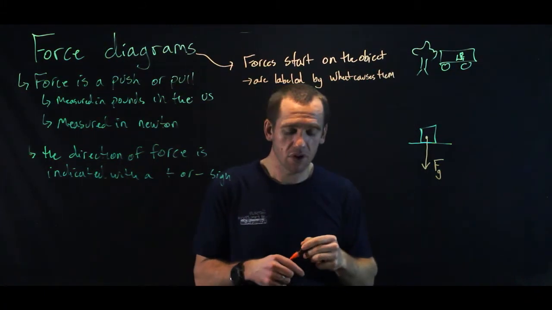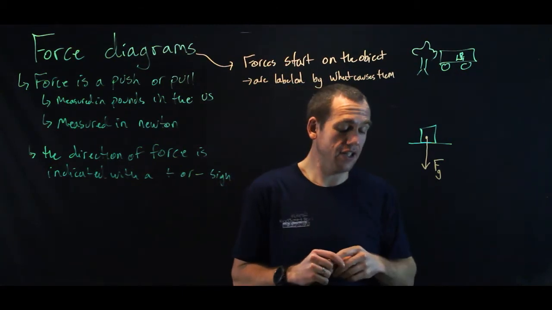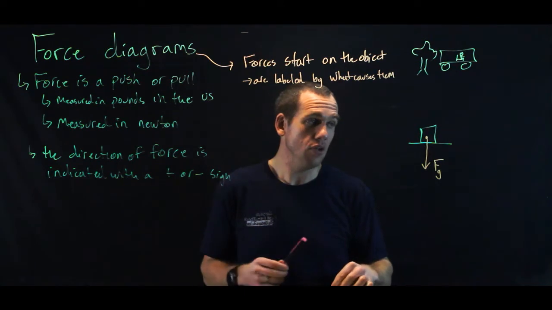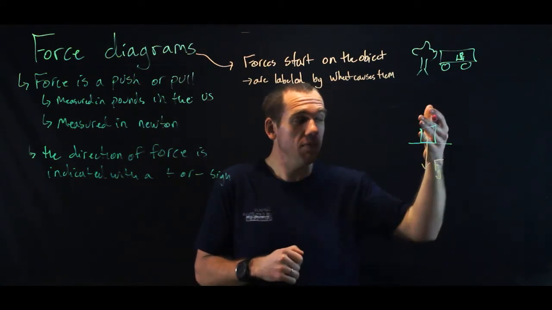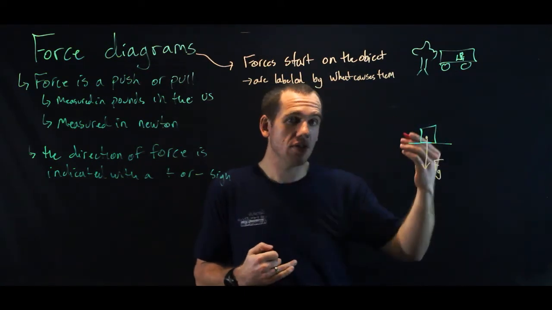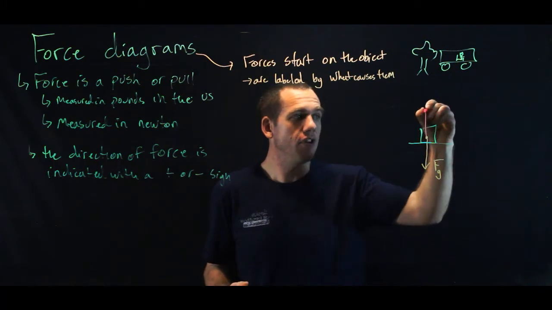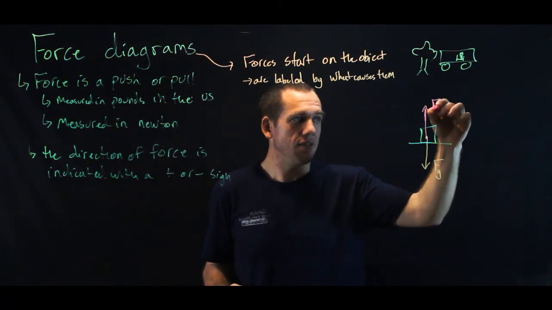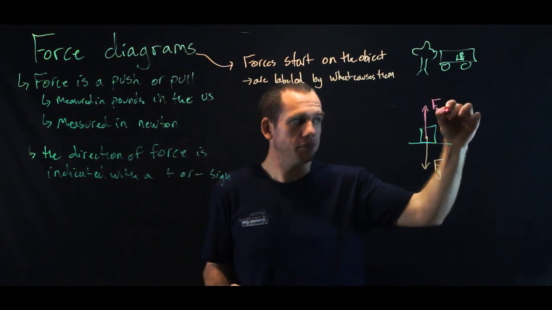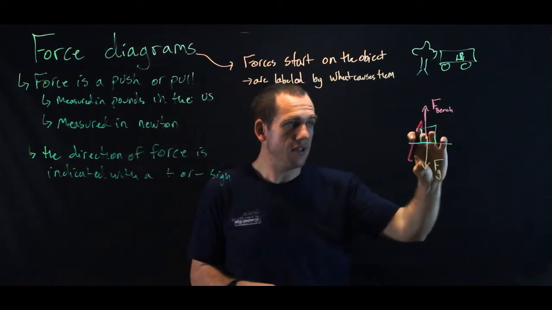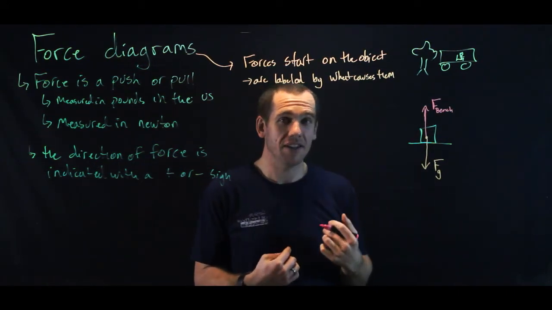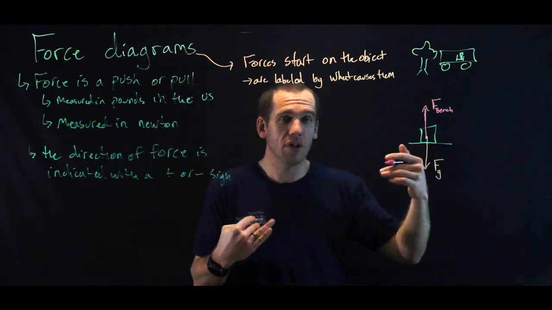Okay? But of course, that's not the only force that is acting on you when you're resting on your bench. There is another force that acts on you. The bench itself does, because you are being pulled down into the bench, it's pushing up on you, and it keeps you from falling through the bench. So there's another force that acts this way, and that's the force of the bench. Now, you'll notice I drew those two arrows about the same length, and that's because they are the same size. Neither one of those forces wins.